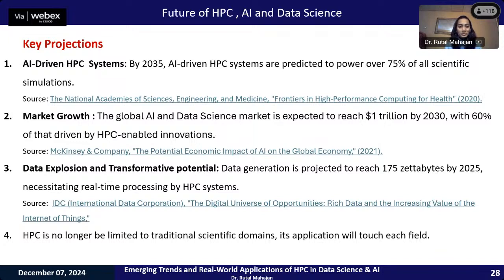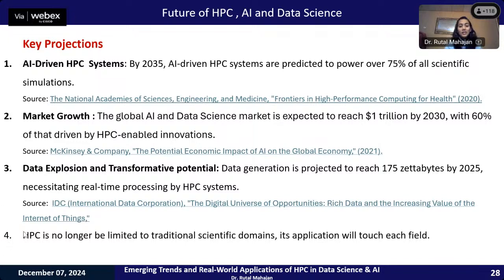So from this insight also, we can see that it's good to have skills in HPC that can drive innovations in AI and data science. I can say it's not only drive, it just fuels the innovations in AI and data science for our real-world applications day by day.